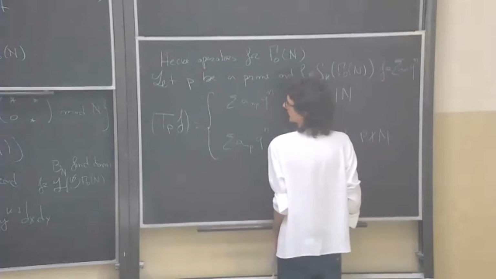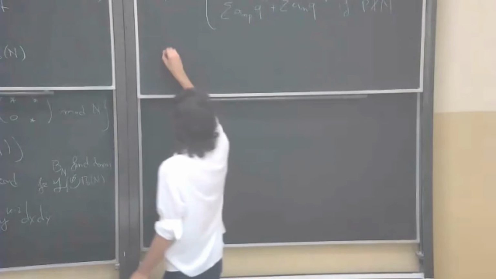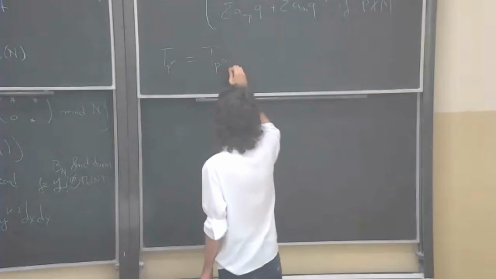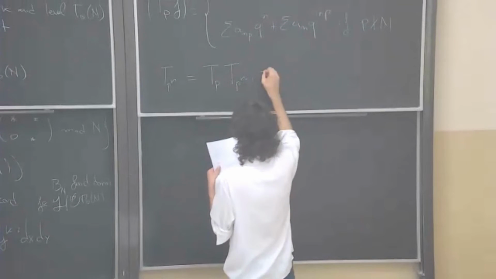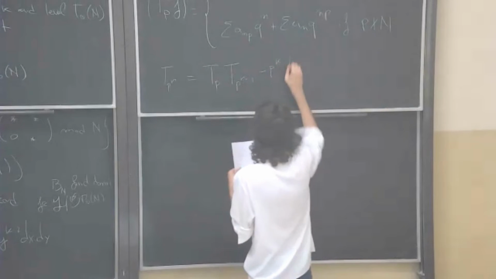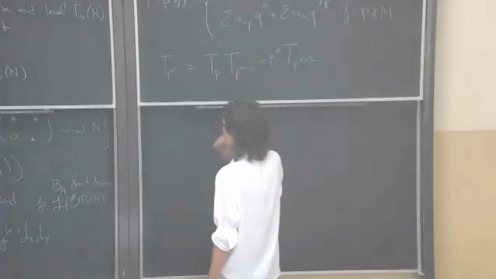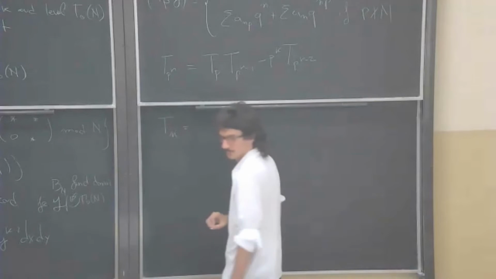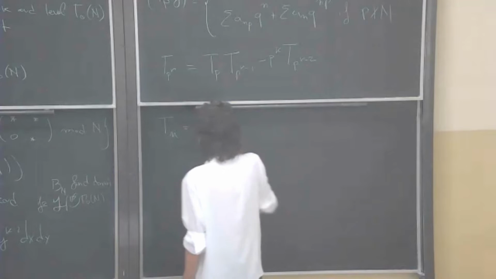But from here, we can now define the operator Tp to the r to be Tp to the r minus Tp to the r minus 1 minus p to the k Tp to the r minus 2, and Tn to be the product over p to the e_i dividing exactly n.